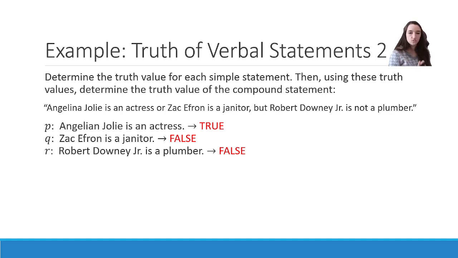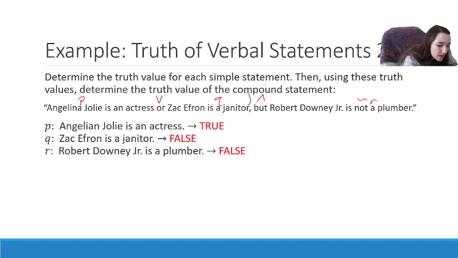So here we're going to write out the compound statement symbolically, right? So we have, here is P, here is Q, we've got this negation of R, right? And then our but is an and, or, and where's our comma? It's before the but. Oh, wait, I'm not supposed to put parentheses in certain places. So do we want to put the parenthesis there?